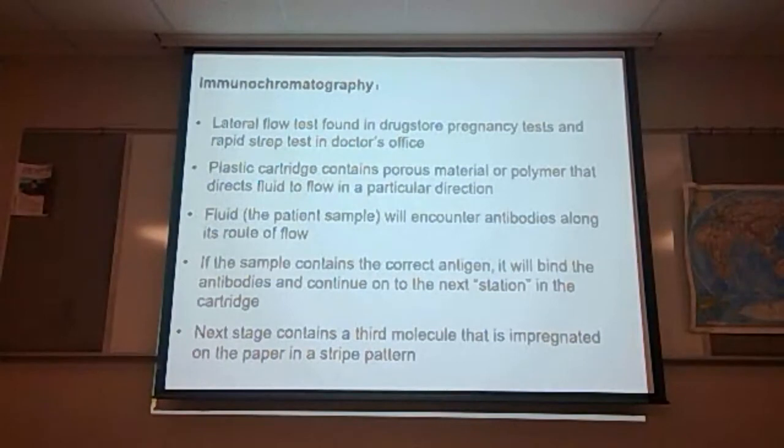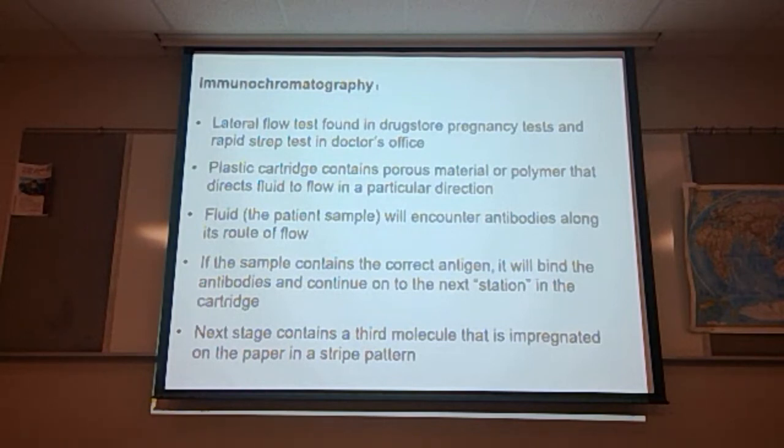Immunochromatography is a lateral flow test found in drugstore pregnancy tests and rapid strep tests in your doctor's office. You have a plastic cartridge that contains a porous material or a polymer that directs the fluid to flow in a particular direction. The fluid, during a pregnancy test the urine, will encounter antibodies along its route of flow. If the sample contains the correct antigen, it will bind to the antibodies and continue on to the next station in the cartridge.